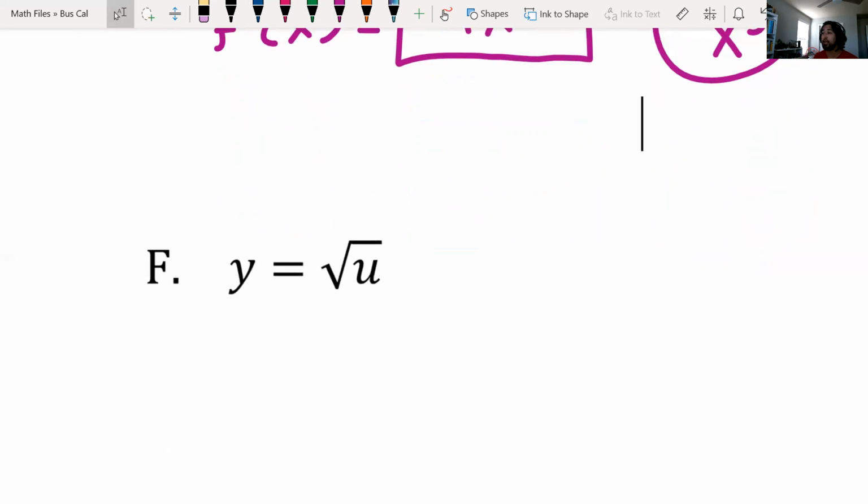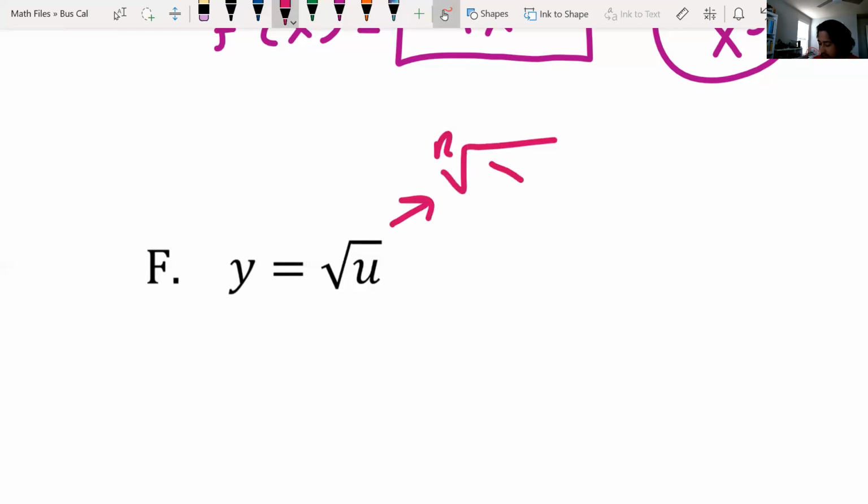Again, we can't take the derivative in this form, so we have to figure out a way to rewrite it. And since this is the square root, we're going to have to use another property that takes a radical and rewrites it as a rational exponent. So that property is the square root of, actually, let me say this.